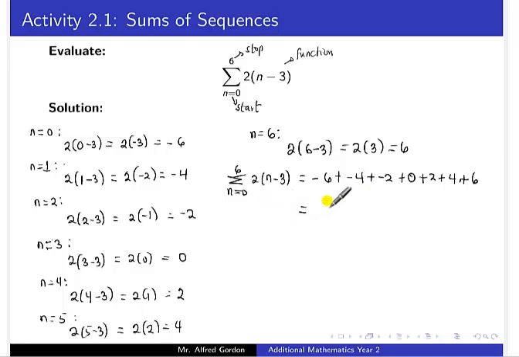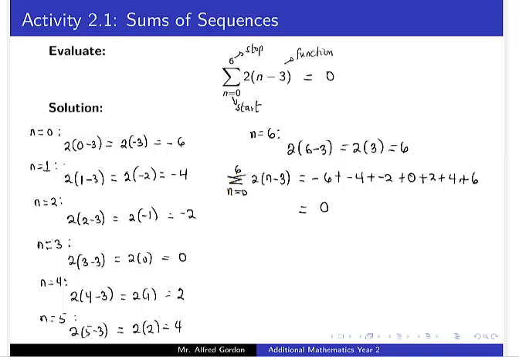Now in adding all this, a negative 6 and a positive 6 is 0, a negative 4 and a positive 4 is 0, a negative 2 and a positive 2 is 0, plus a 0 gives us 0. So the summation as n is equal to 0 up to 6 of 2(n - 3) is equal to 0.